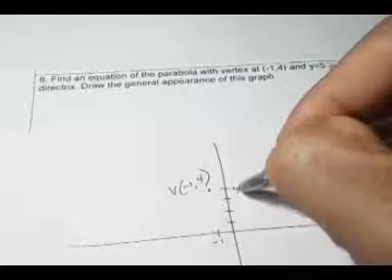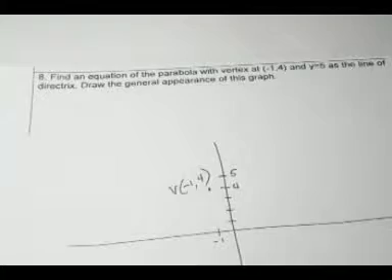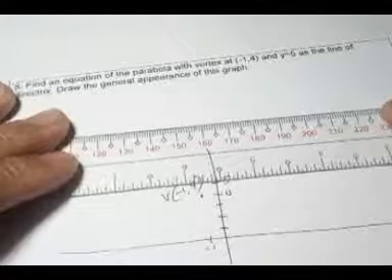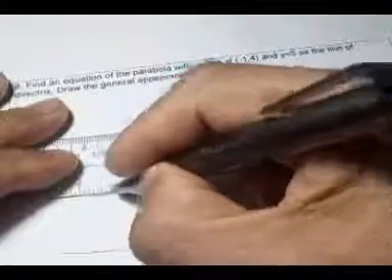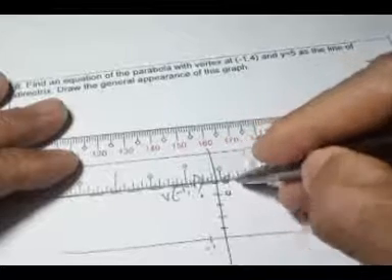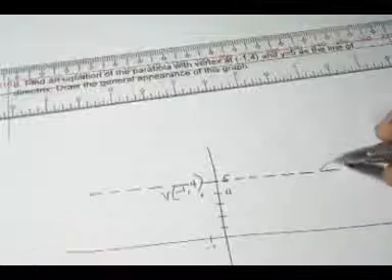So this is 4, this is 5. So our directrix is this graph of the equation y equals 5.